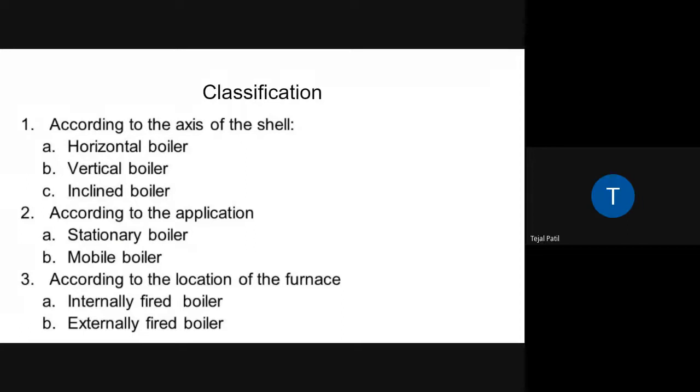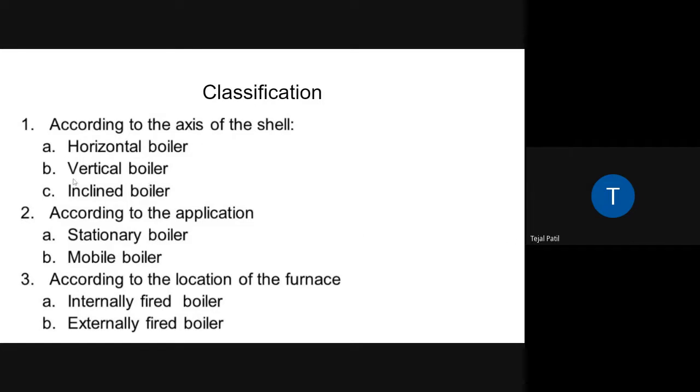Now classification, according to the axis of the shell. In what manner is your boiler mounted? If it is horizontally placed, then it is a horizontal boiler. If it is vertically placed, then it is a vertical boiler.